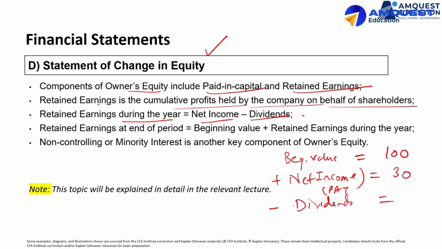So if I paid 10 rupees of dividends, then 10 rupees gone out of my pocket. My closing value, 130 minus 10, 120. So this is how the equation for retained earnings works. It's beginning value plus net income minus dividend is the closing value of retained earnings.